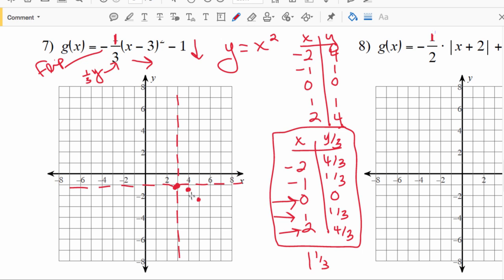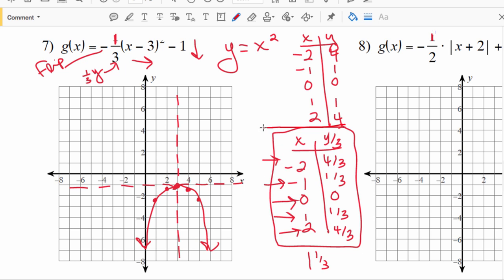So somewhere about there. Okay, let's graph this point. Instead of left 1, down 1, we're going to go left 1, down 1/3. Instead of left 2, down 4, we're going to go left 2, down 4/3, or 1 1/3. And then that guy's graphed.